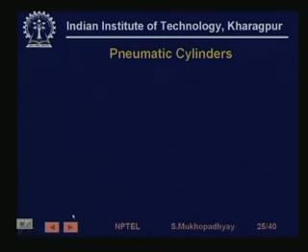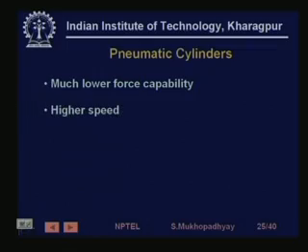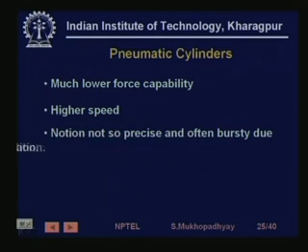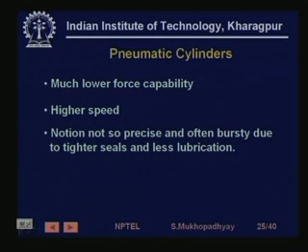Now, we come to the actuator elements, the pneumatic cylinders. The pneumatic cylinders have lower force capability, but they have high speeds because they are generally driven against lower loads also. And this is motion.